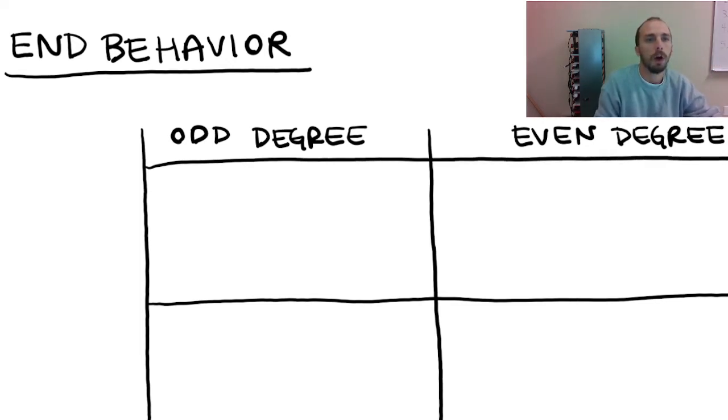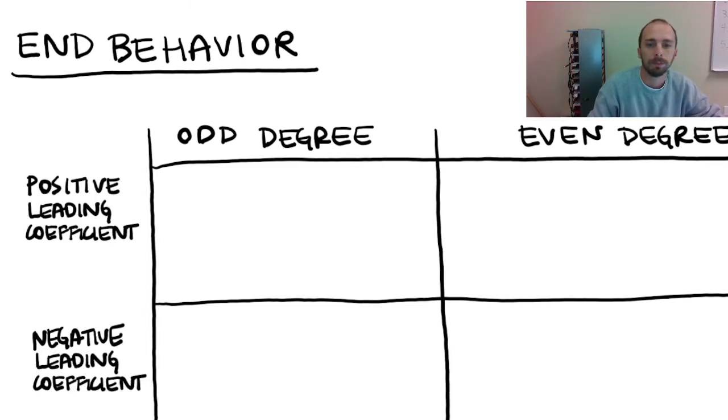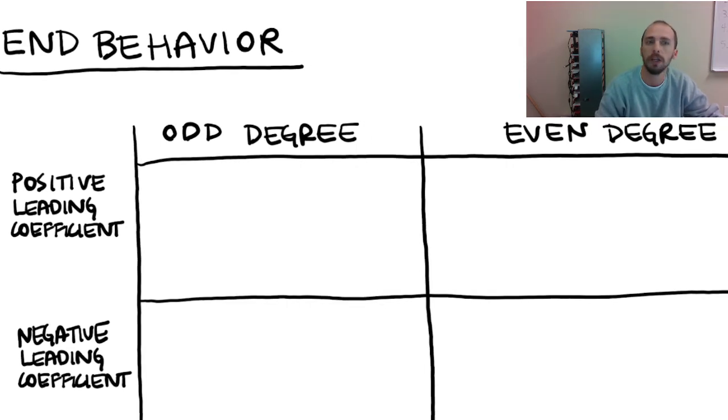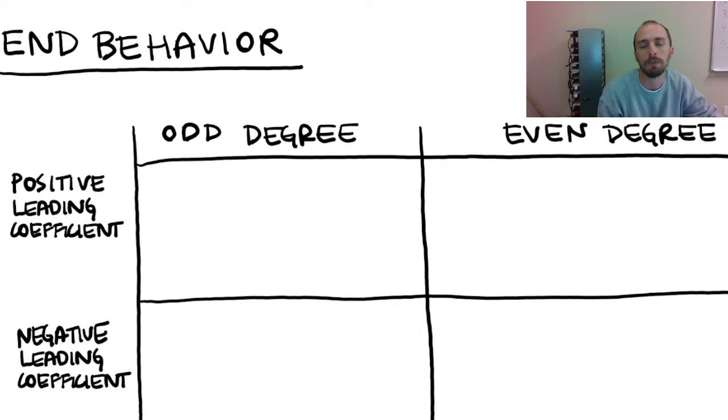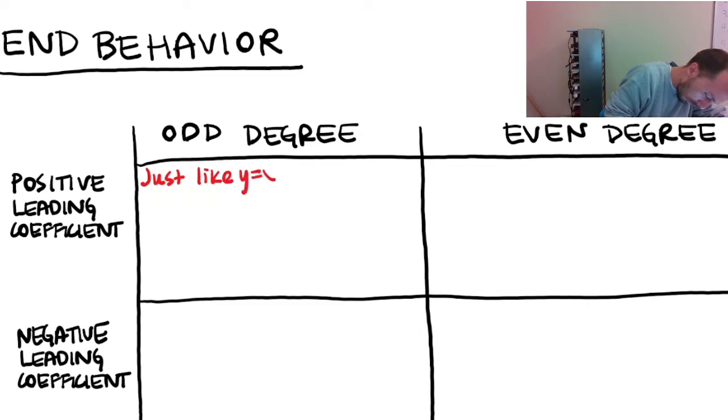Oh, that's much better. Okay, so I'm going to say positive leading coefficient first. I'm just going to ask you to remember what you already know. Think about the graph for odd degree, the graph of y equals x cubed. If it's a positive leading coefficient on an odd degree polynomial, it's just like y equals x cubed, which we just saw went like that.